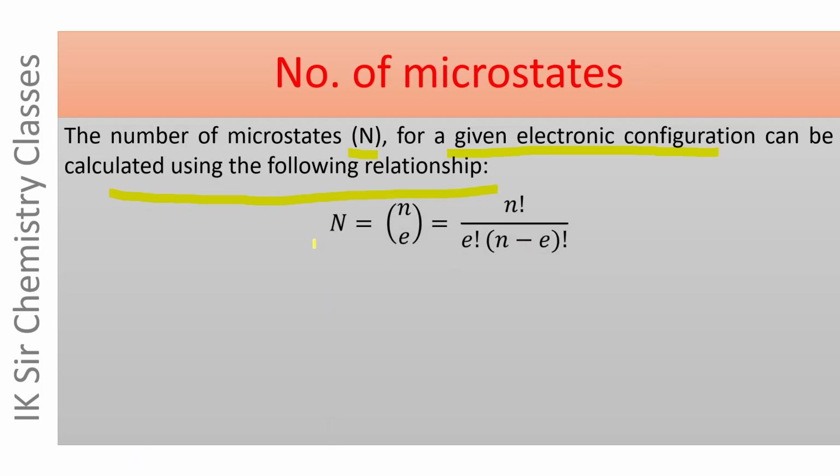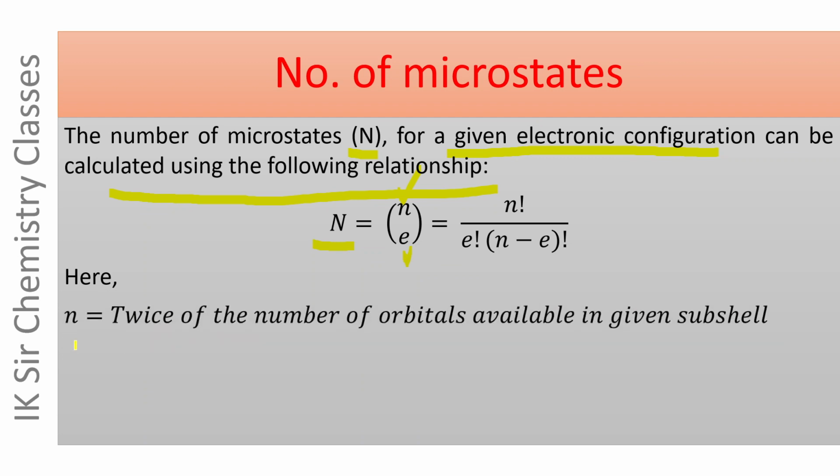The number of microstates for E electrons which can be distributed among n electron sites is equal to factorial n divided by factorial E into factorial n minus E, where n is twice the number of orbitals available in the given subshell.